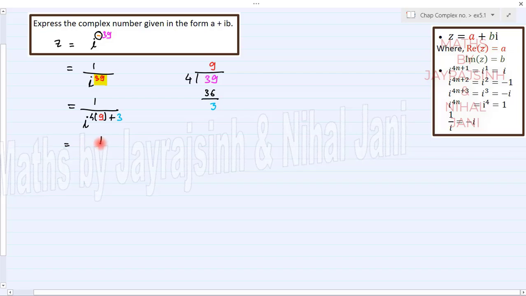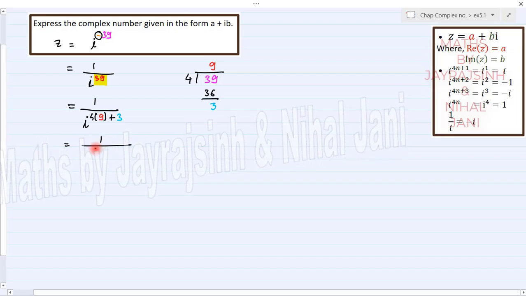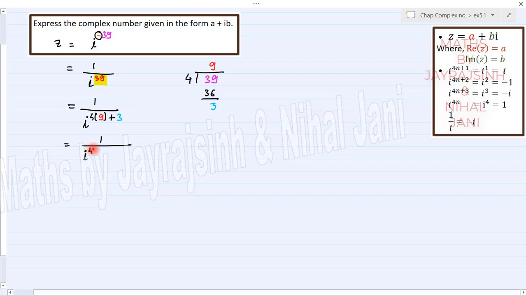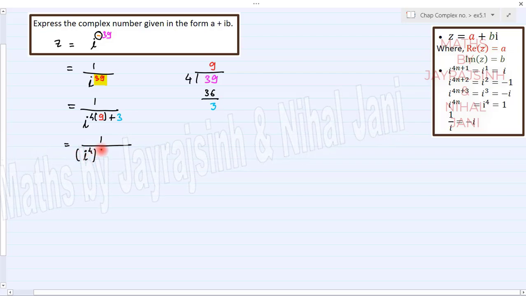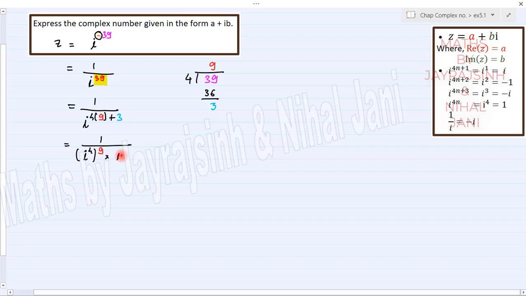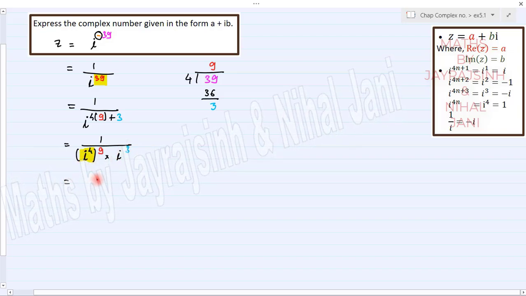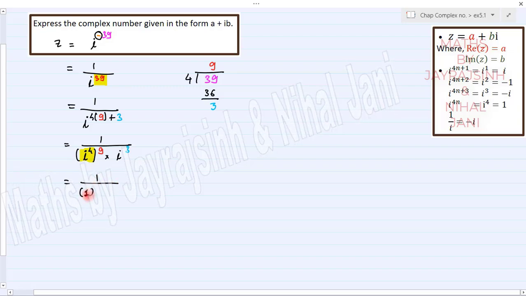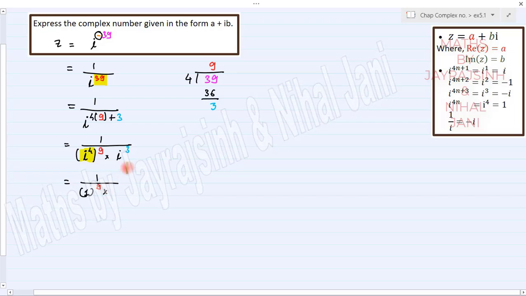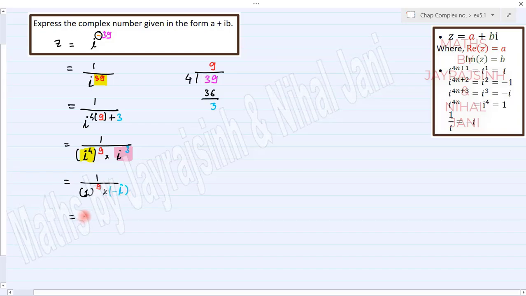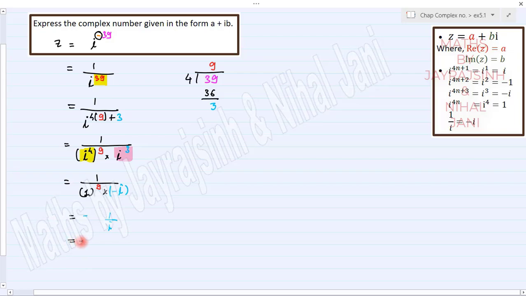So we can split our denominator as i raised to 4 whole raised to 9 into i raised to 3. We know that your i raised to 4 is nothing but 1. So you get 1 raised to 9, and your i raised to 3 is minus i. So we will get minus 1 upon i. Now we know that your 1 upon i is also minus i.